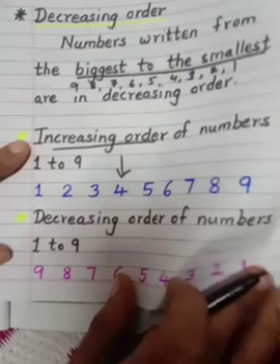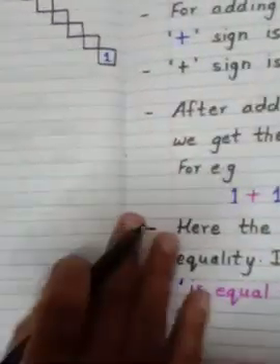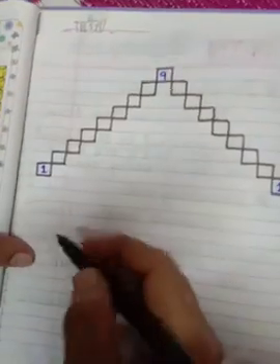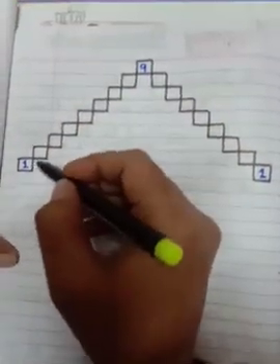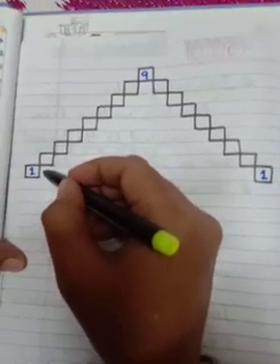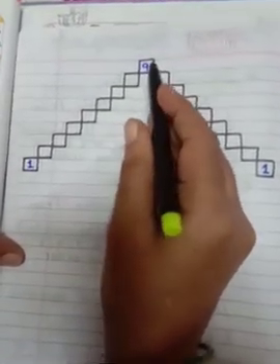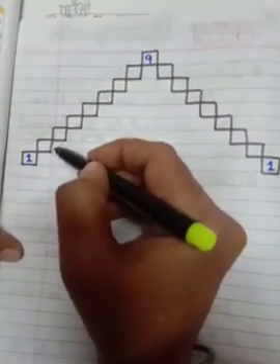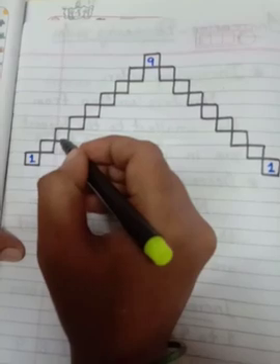Okay children, you will understand more when we look at this. Increasing order starts from the smallest number to the biggest number. Now, here we are going to write the numbers in the empty boxes.